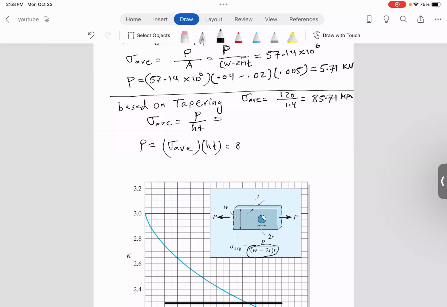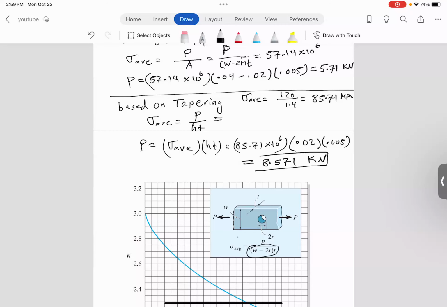So if you take the 85.71 megapascal, which is 10 to the 6, by the way, right? You multiply it by area. H was 20, I believe, millimeters, and thickness was still 5 millimeters. This also comes out to be about 8.57 kilonewton.